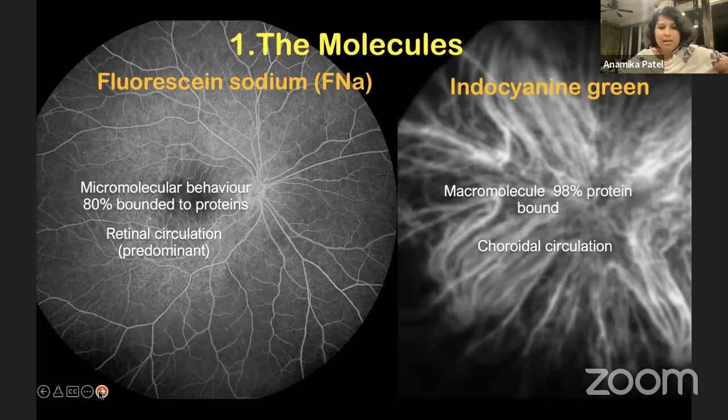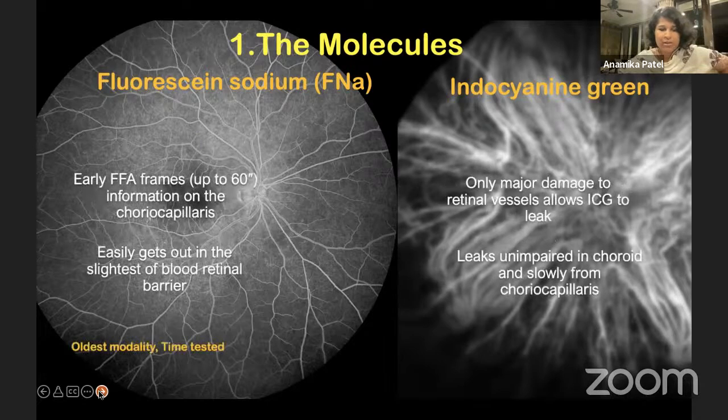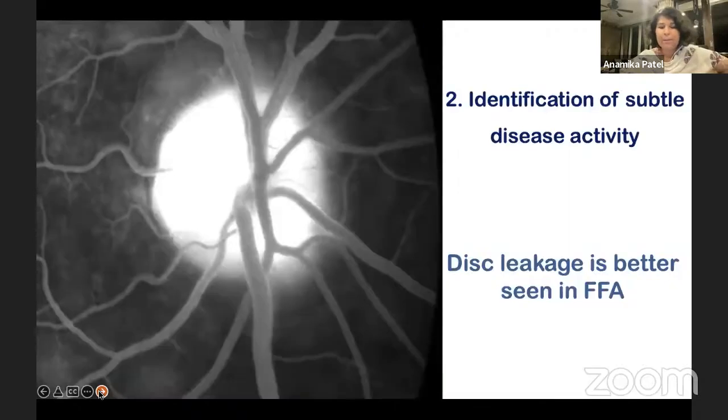Now, fluorescein sodium molecule entirely predominates the retinal circulation, and that's the reason why you see leakages everywhere. But if you feel that you do not get any info on choroids, that thought is not correct, because in the early frames, up till the 60-second, you still get some information on the choriocapillaris. So that was a theoretical point, and the rest are all clinical points.